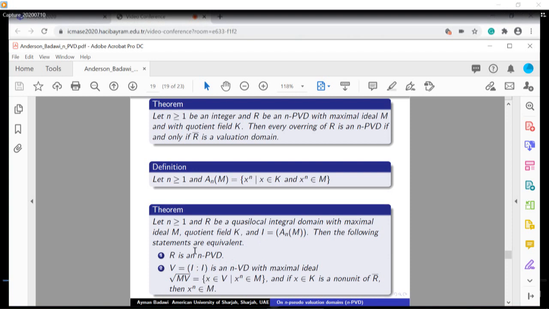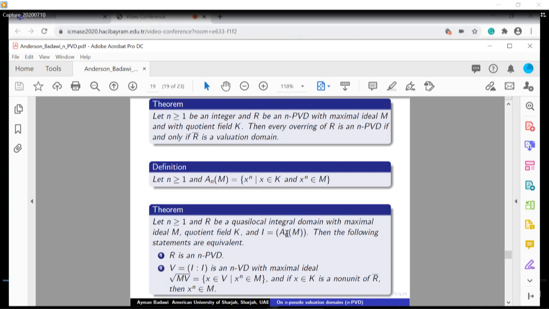Here is the characterization. R is an n pseudo valuation domain if and only if this overring is an n valuation domain. Let me remind you what this means. This set, or this overring, consists of all elements in K where x times I is a subset of I. In fact, it's kind of interesting.